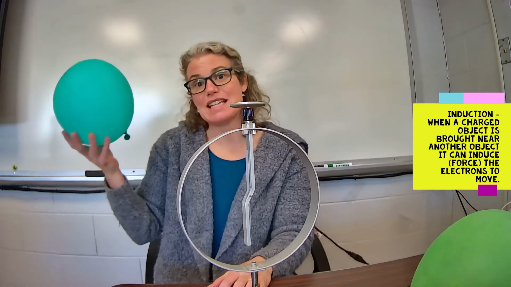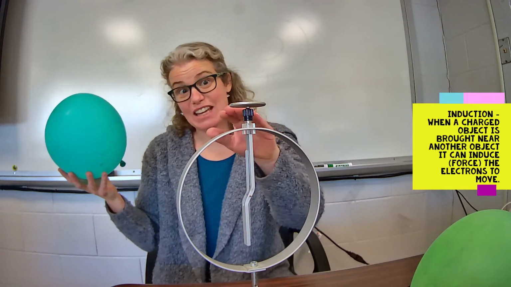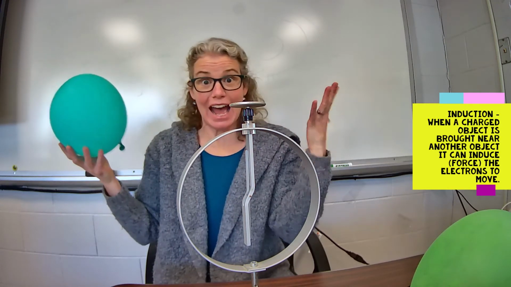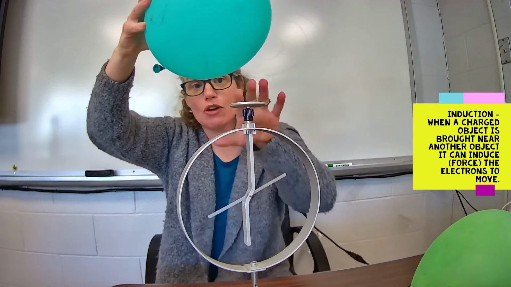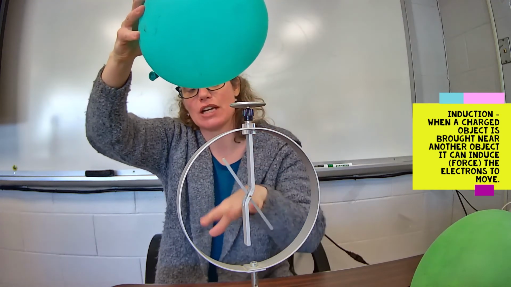So when I bring this negative balloon close, it's going to cause the negative particles already in this electroscope to run away from another negative charge. Watch, they're running away. They're running away from where there's a buildup of negative charges here.